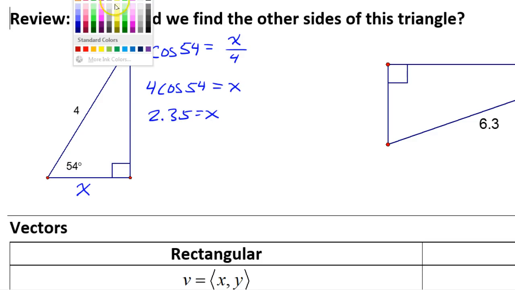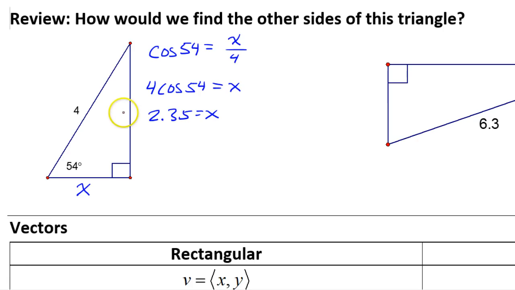Okay, now how would I find this side of the triangle? Call it y. Well, from the perspective of the 54, the y is the opposite side. So I've got the opposite side and the hypotenuse. Oh my goodness, that's the sine function. So I could say sine of 54 is equal to y over 4.